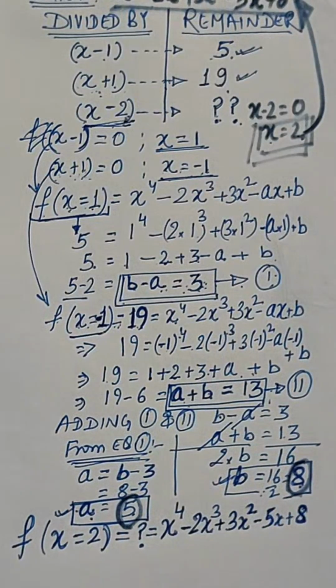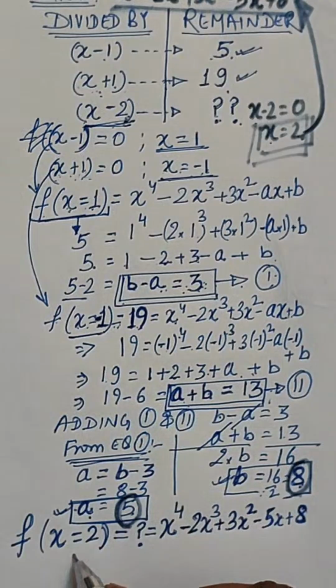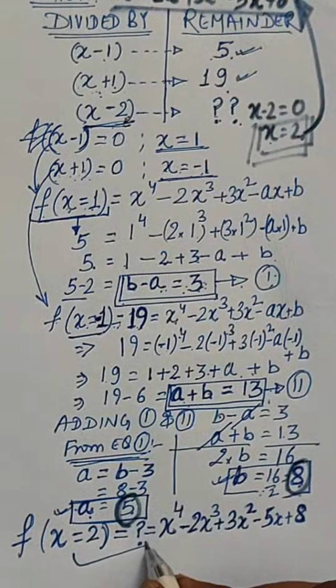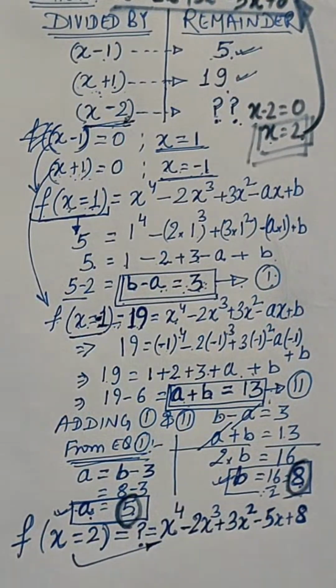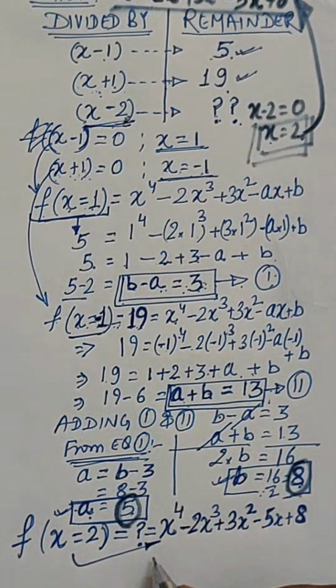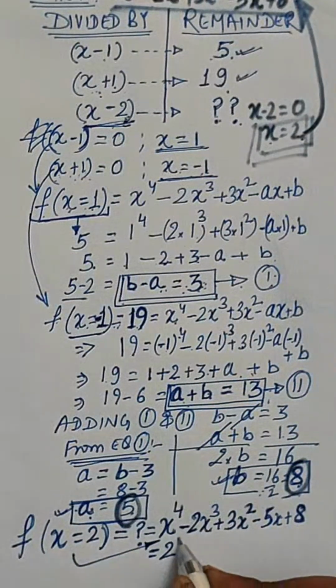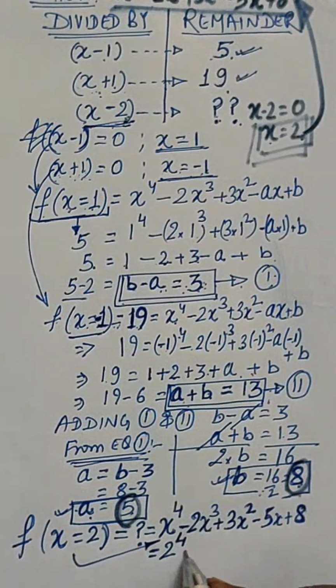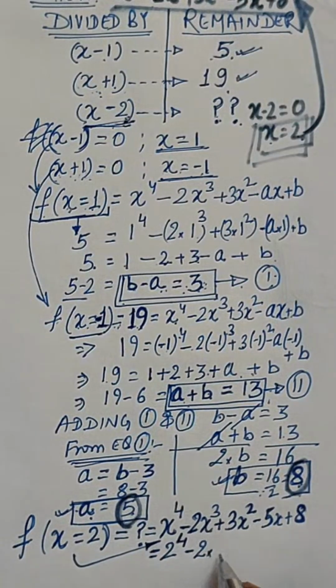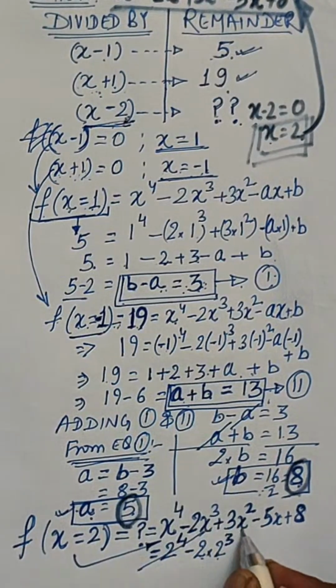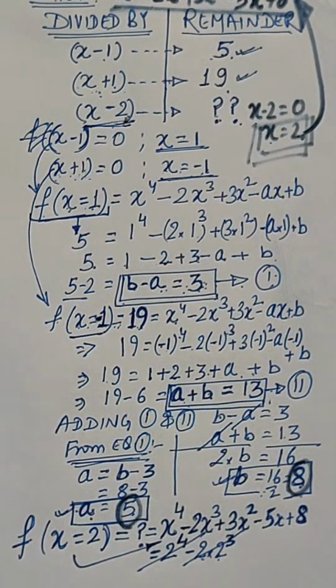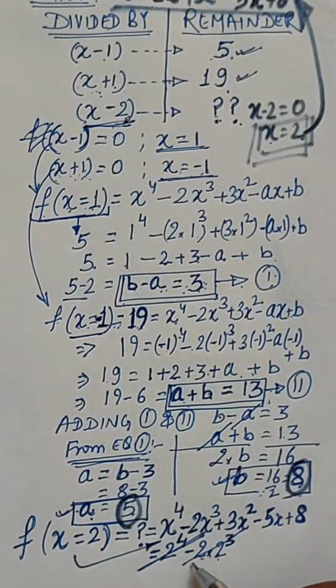Now simply put the value of x as equal to 2 into this. When x equal to 2 is placed here, it becomes 2 power 4 minus 2 into 2 power 3. It is the same base, so the exponents add: 3 plus 1, 4. So simply 2 power 4 minus 2 power 4, and both of these will be cancelled out.